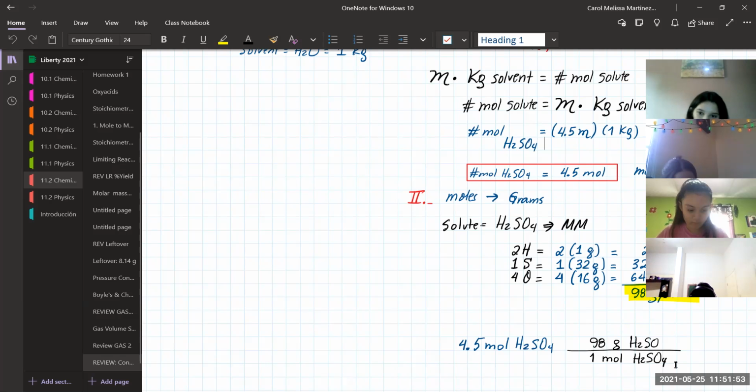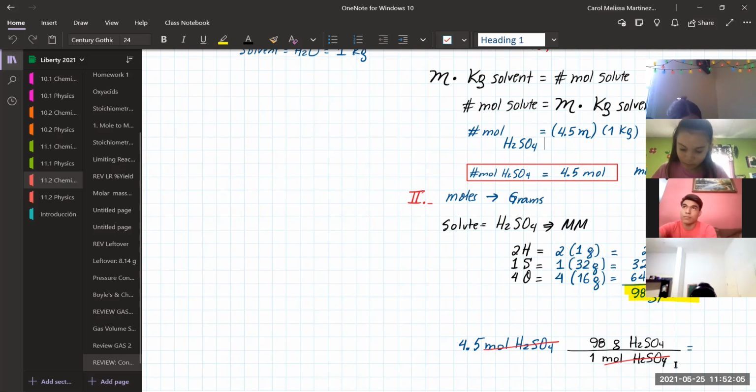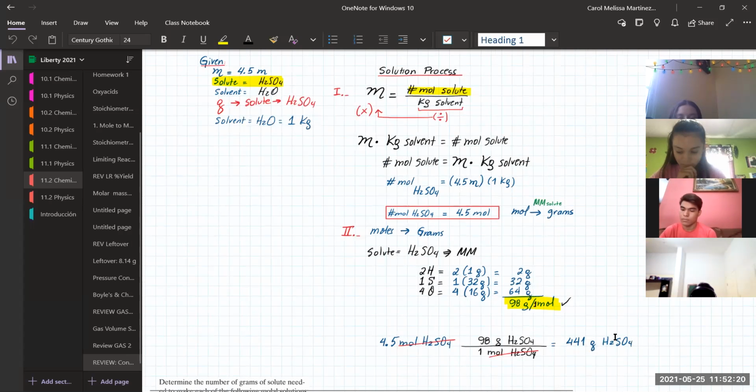This allows you to cancel moles with moles, and then you multiply and you get how much? 441 grams. 441 grams of the solute that is sulfuric acid. And with this, you finish the exercise.